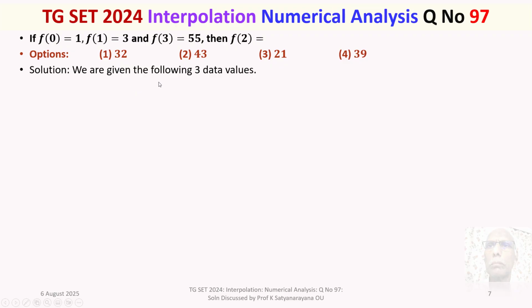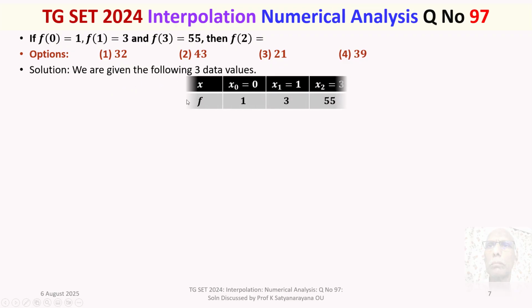We are given the following three data values. x0 is 0, x1 is 1, x2 is 3. Are these x values equally spaced?